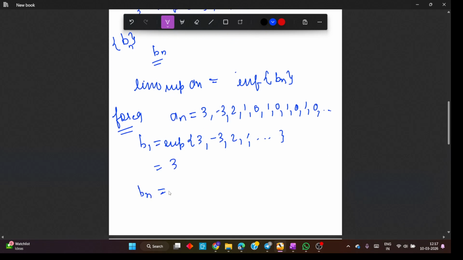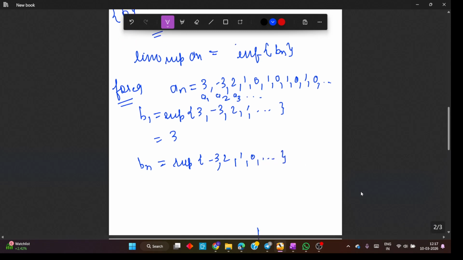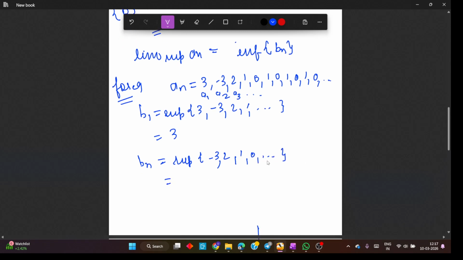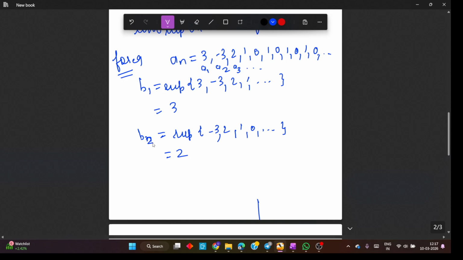Now b2 would be the supremum starting from a2: -3, 2, 1, 0 and so on. So here the supremum is 2 in case of b2.